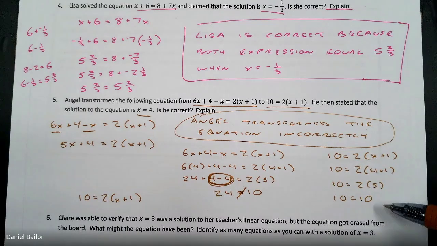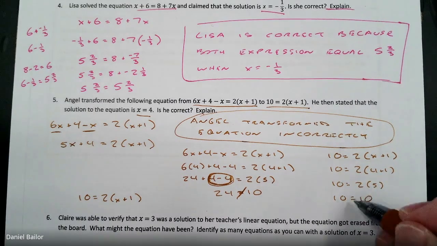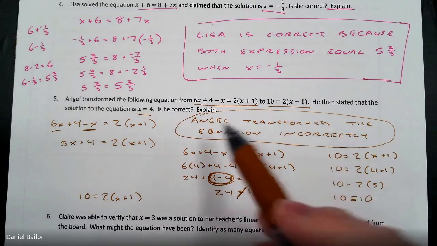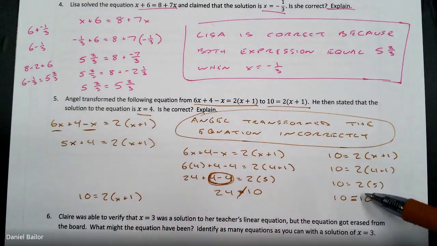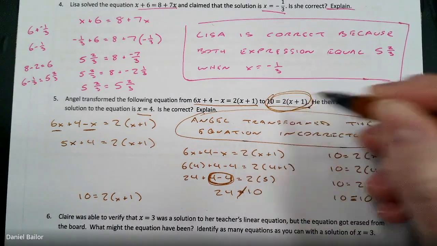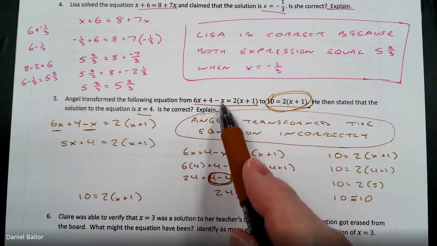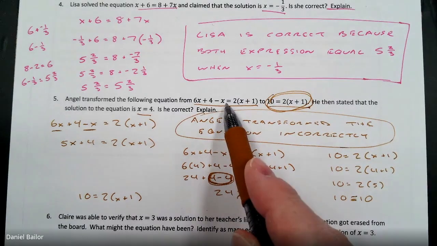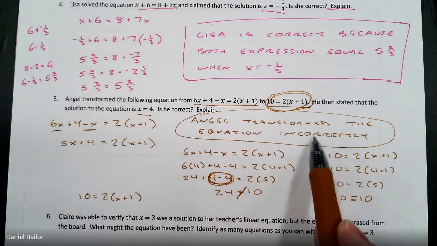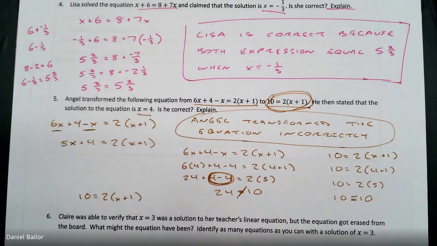So here we go. This is why he got 10. He says x equals 4 works because x equals 4 works for this one. But x equals 4 does not work for this one. And this is what he started with.